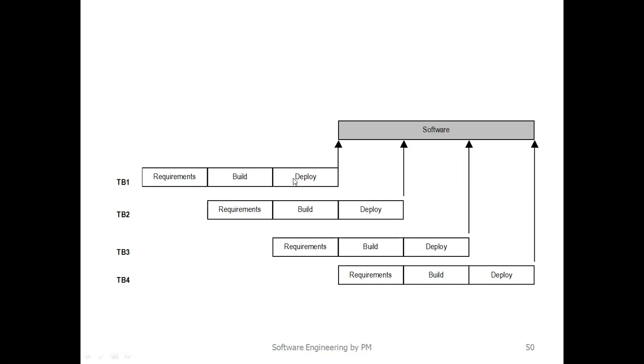Only one drawback we can say is that for time box 1, the build and deployment teams will be idle when the requirement activity is going on. Once it is over, then the build becomes active, and then the activities will go on concurrently.